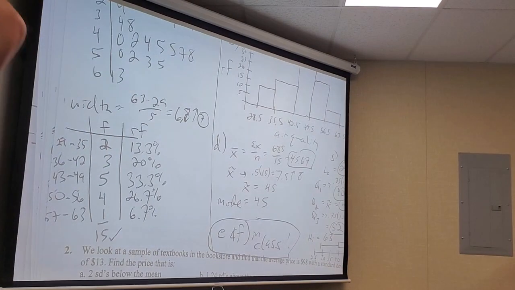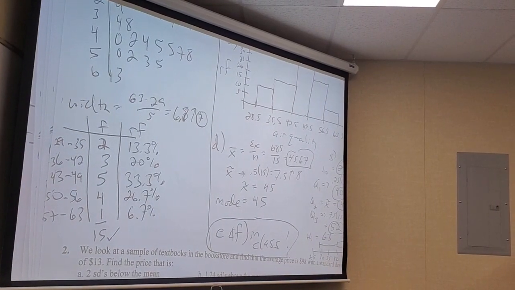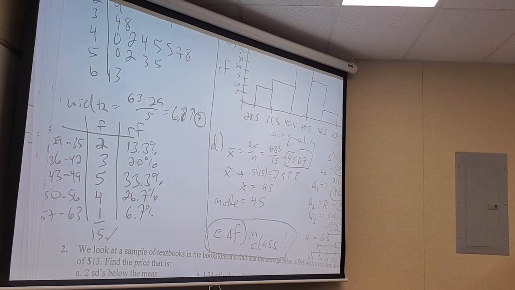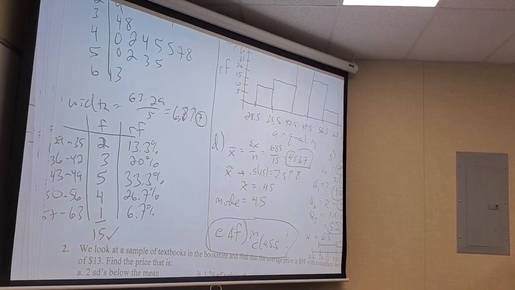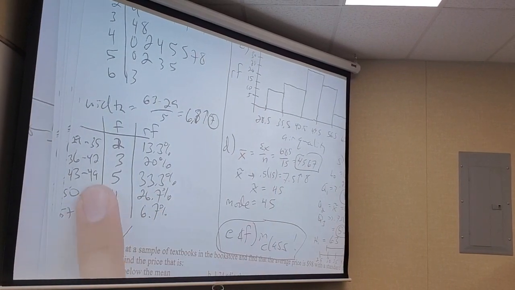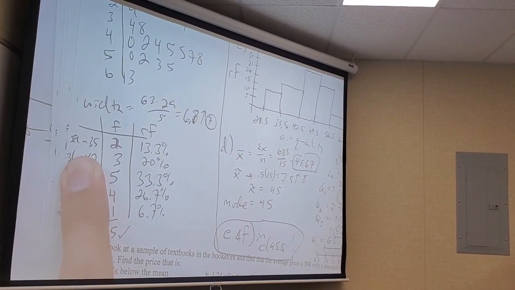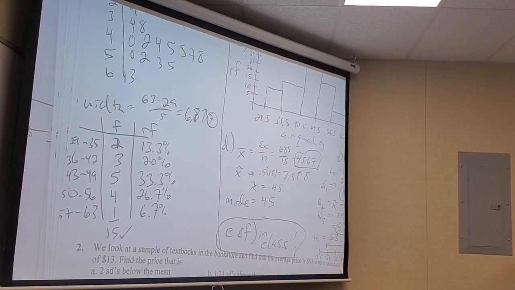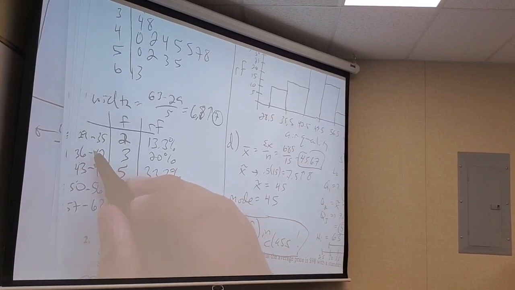If we did the histogram with the numbers that we used for our table, like 29 to 63, would that be wrong? Totally wrong.